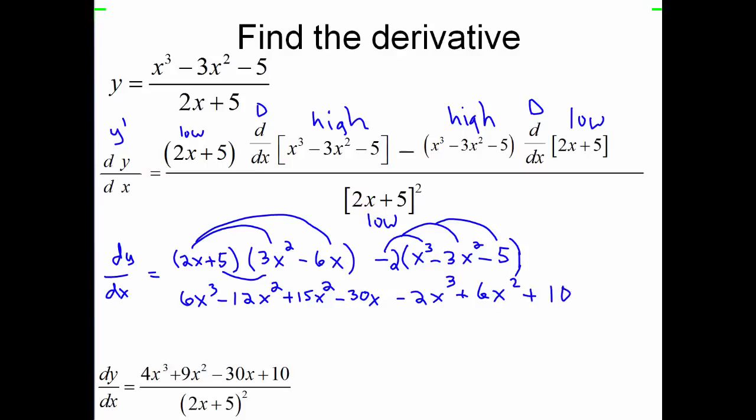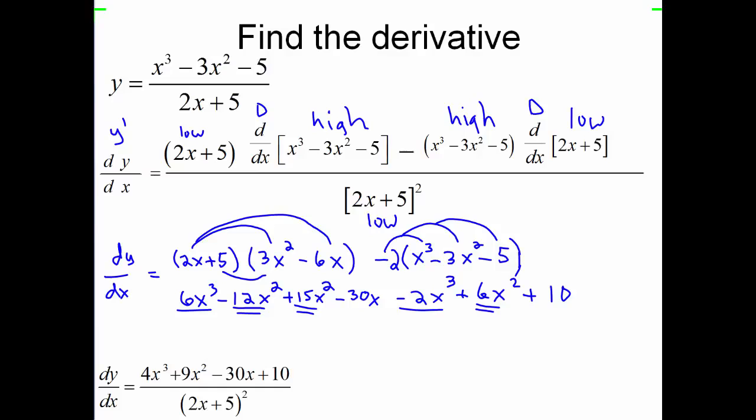And then we have 6x to the third minus 2x to the third. These are like terms right here. That gives us 4x to the third. Then we have negative 12x squared, and then 15x squared right here, plus 6x squared. So we've got 21 minus 12, so that gives us 9x squared. Okay, and then we have the minus 30x right here, and then the plus 10, all over the low function.